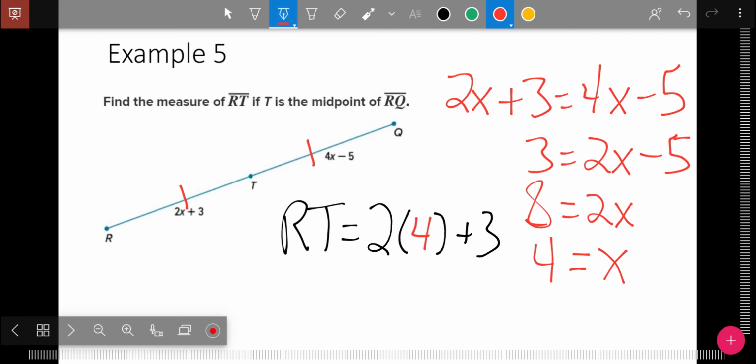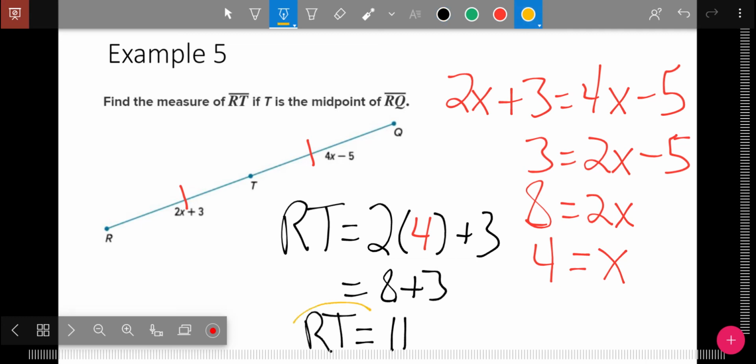So I'm going to plug the 4 in. 2 times 4 is 8, plus 3 is 11. And so RT equals 11. So you set the parts equal, solve it, plug the answer in. Always make sure you know what the question's asking.